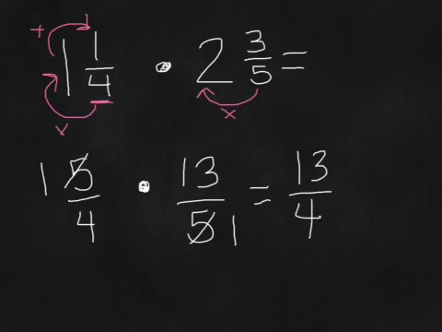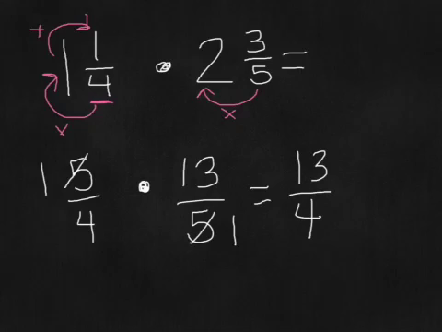Now sometimes in pre-algebra we leave our answers as improper fractions, and it's completely acceptable. However, if you're taking a multiple choice test and your answers are all written as mixed fractions, you're probably wondering how to get there. In this case, this fraction here is read as a division problem. 13 divided by 4.